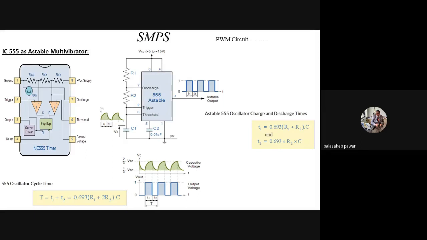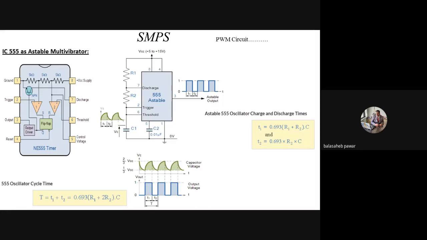First of all, you have to manage the first part of this assignment, the first task: small t1 equals small t2. Accordingly, you have to select the values of R1, R2 and C1. And in the second case, T2 should be equal to twice of T1.